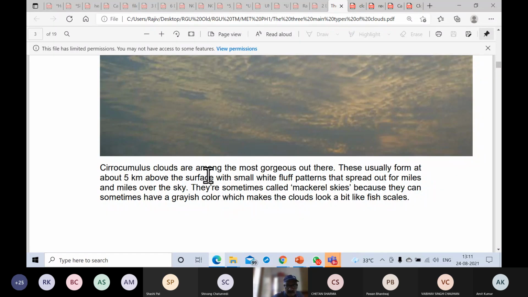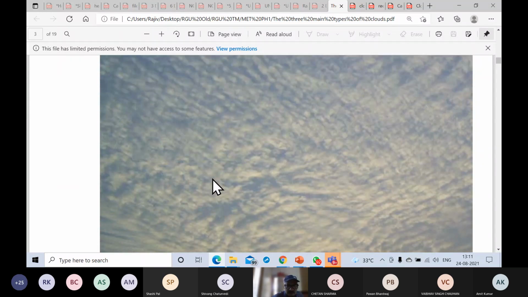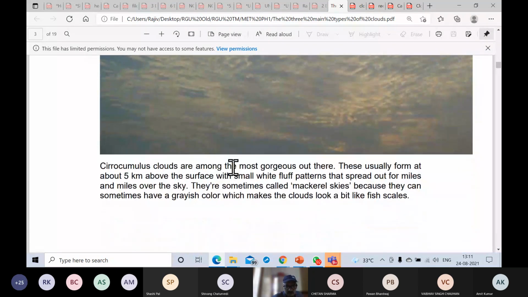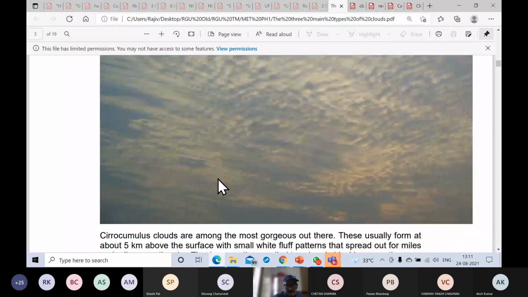Now, they do look like, if you see, they are also referred to as appearing like fish scales, the scales on the body of the fish. So it is also referred to as grayish color, looks like fish scales. This is cirrocumulus.